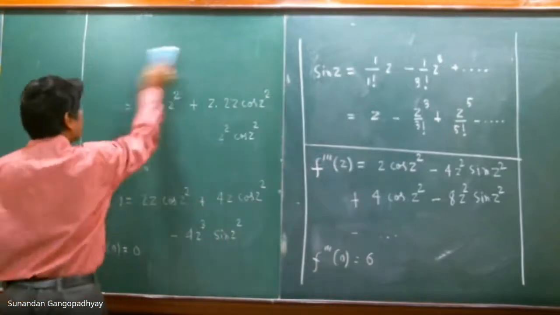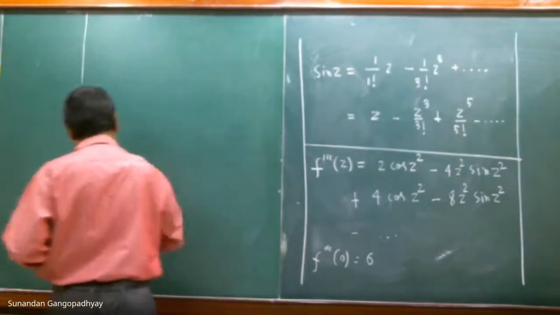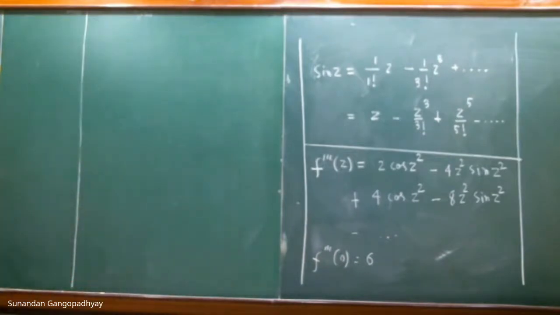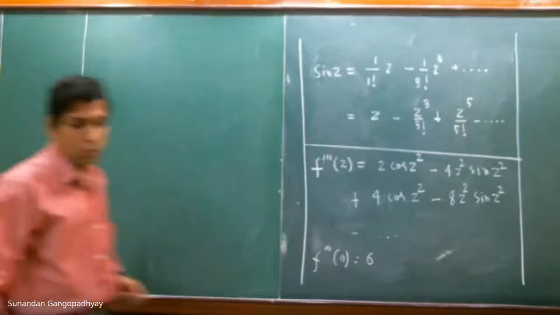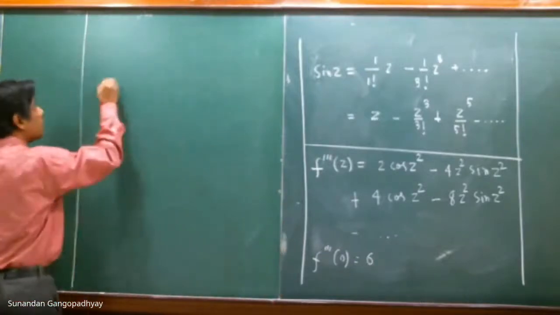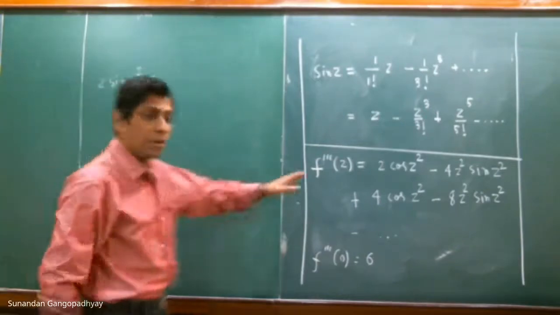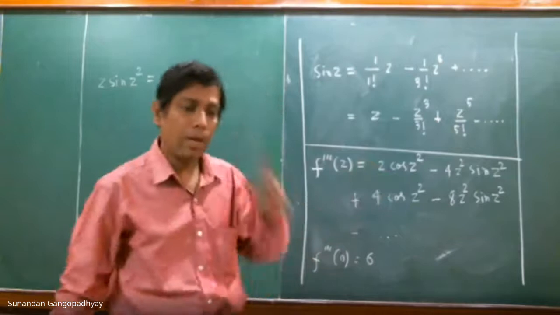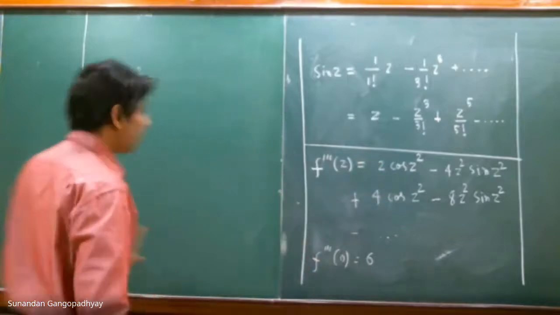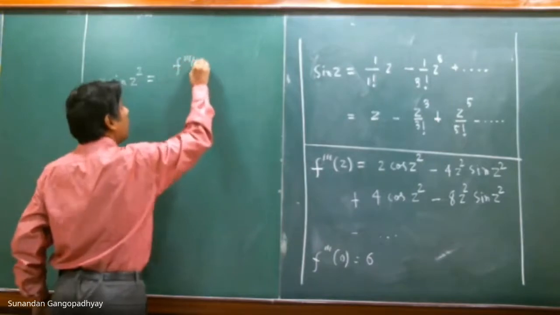But let me just write down the first term in the expansion from this procedure. So what shall we get from here? The first term is z sine z square. You remember that f0 is 0, f prime is 0, f double prime is 0. So all those terms are gone. So the expansion starts from f triple prime 0.